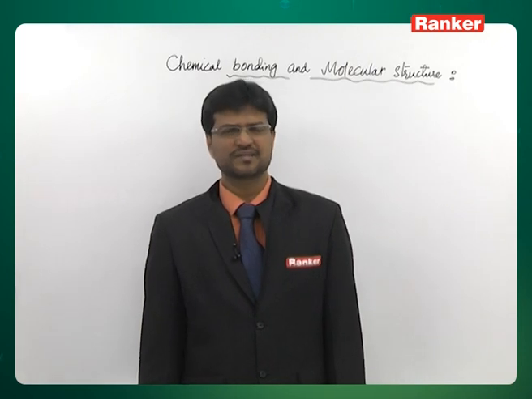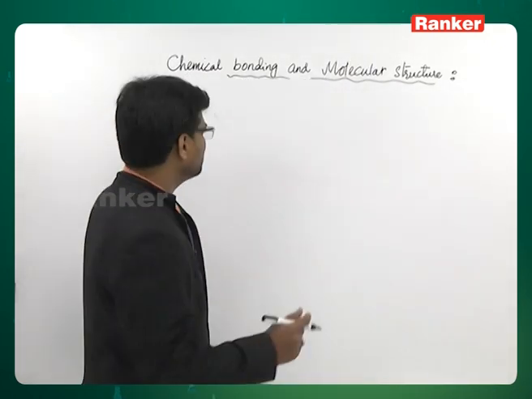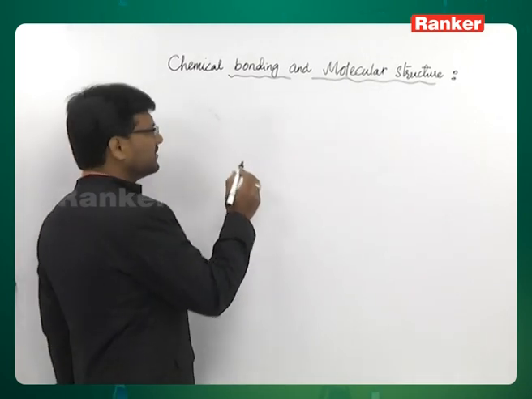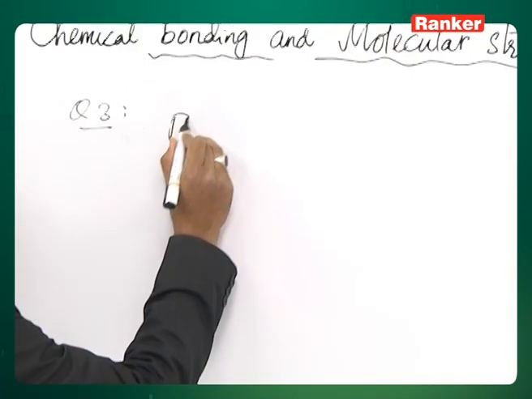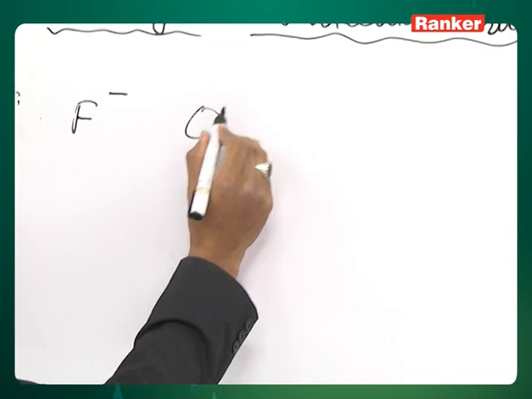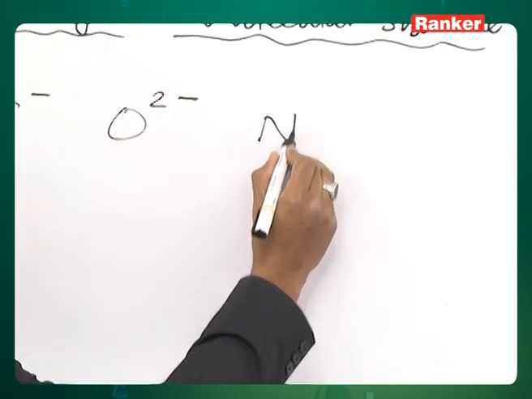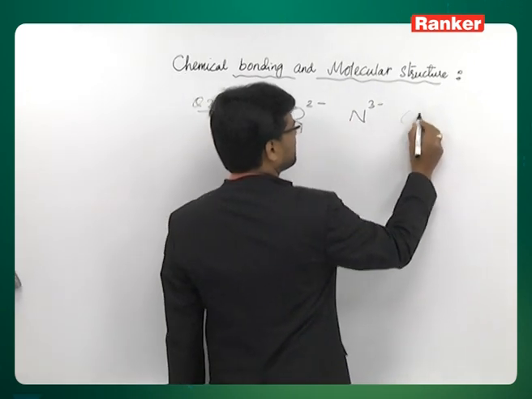Na3N has N3 minus. I will just write down the cations are common. So, I will just put the anions: F minus, O2 minus, N3 minus and Cl minus.